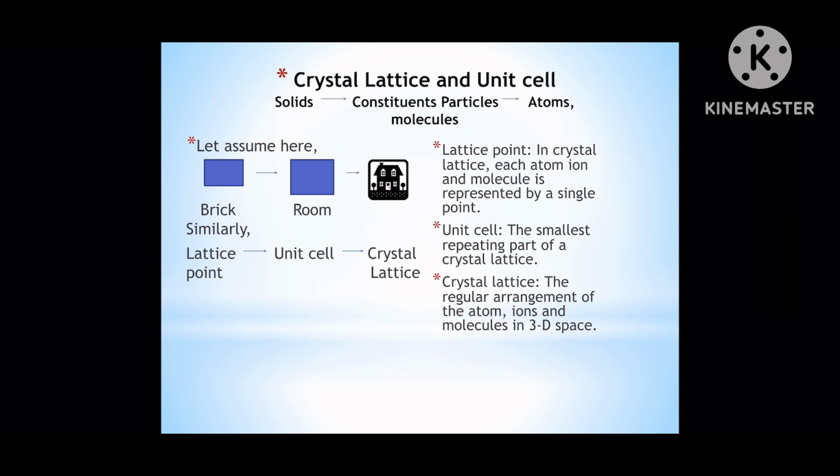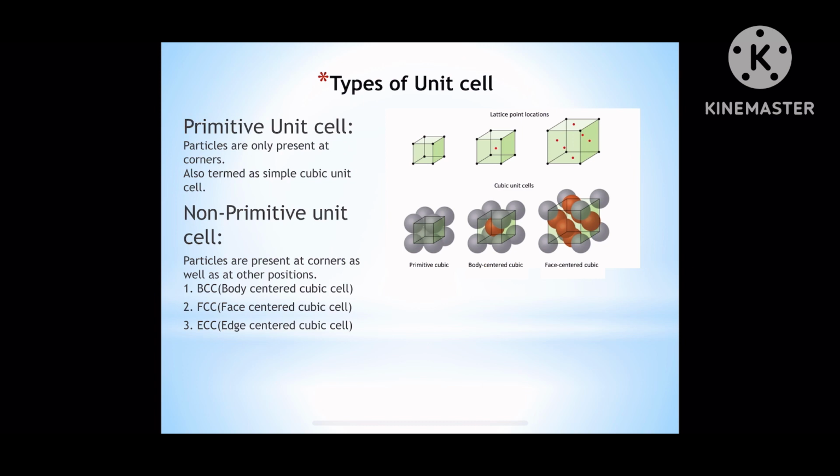So we can say lattice points are combined to form a unit cell, and unit cells are combined to form a crystal lattice. This is the simplest example you can correlate with, the bricks.